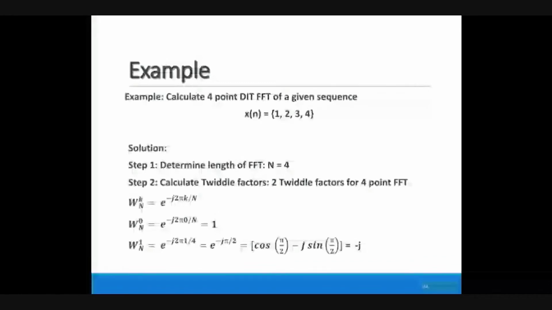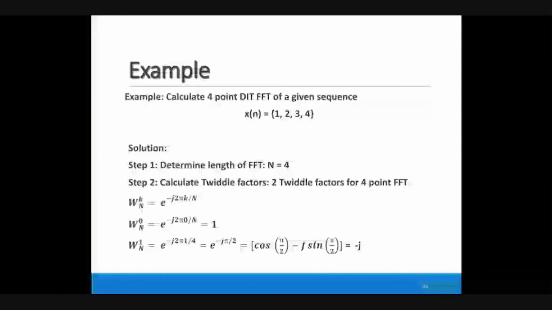The second Twiddle factor is omega N raised to 1, which is e raised to minus j pi by 2. Simplifying, that is cos pi by 2 minus j sin pi by 2, which is minus j. So omega N 0 gives 1, and omega N 1 gives minus j.